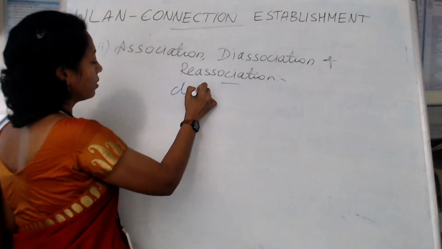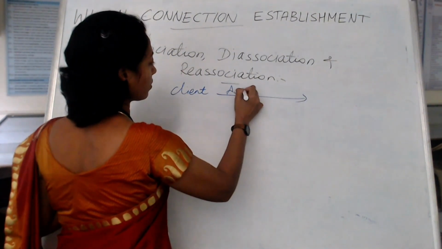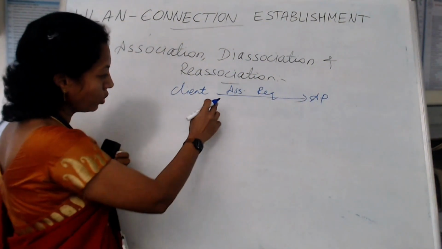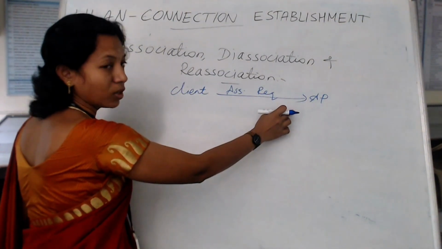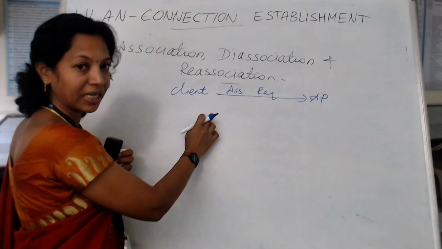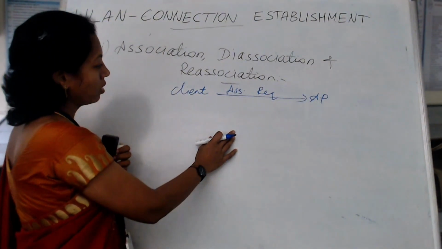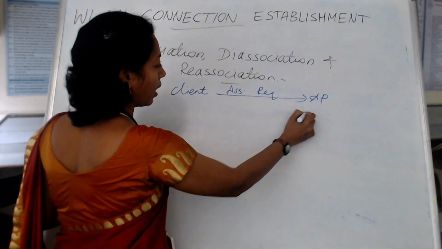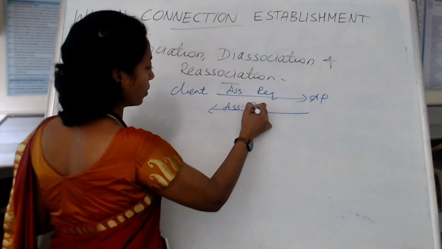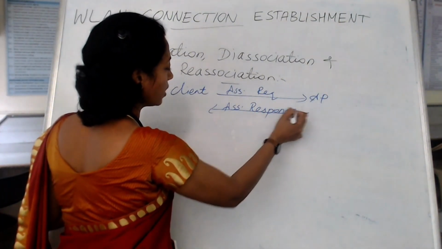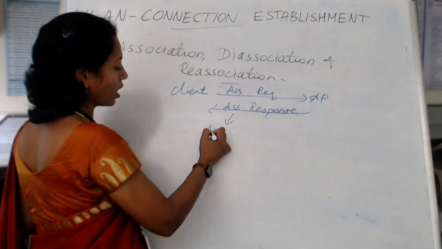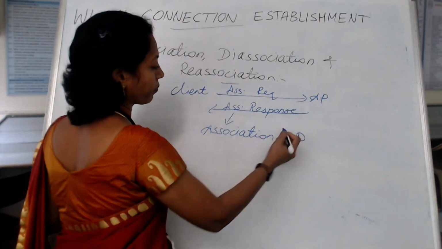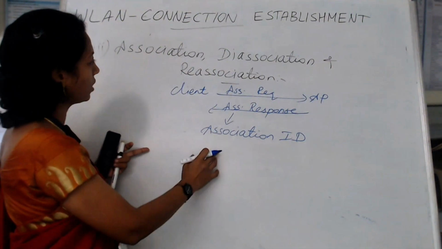The client will send an association request to the access point. It allows the AP to have a list of connected stations. Once it is okay by this AP, it sends an association response. The association response contains the association ID, which is sent to the client.